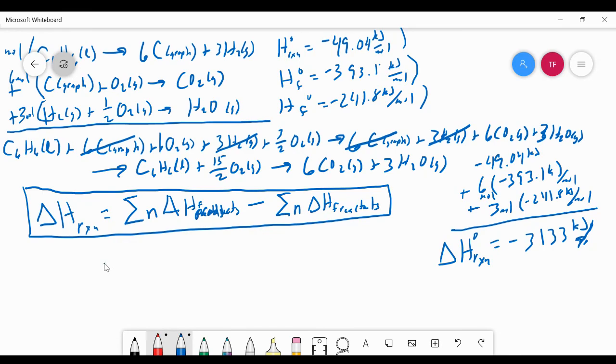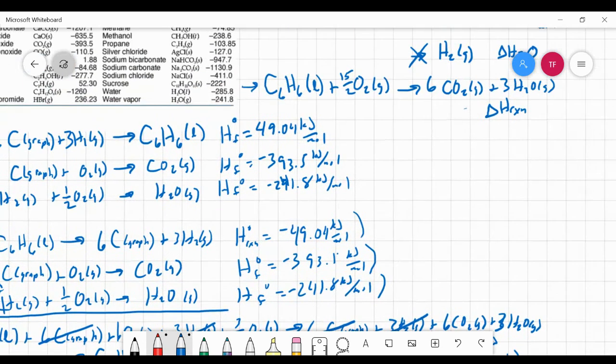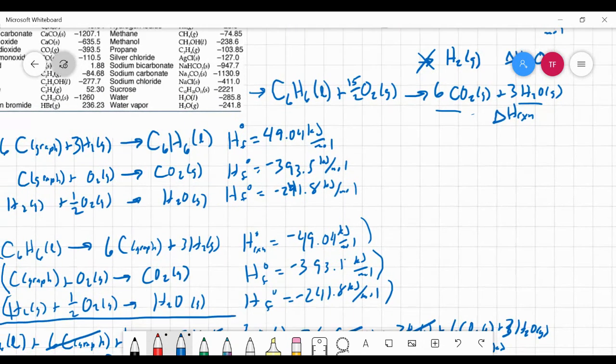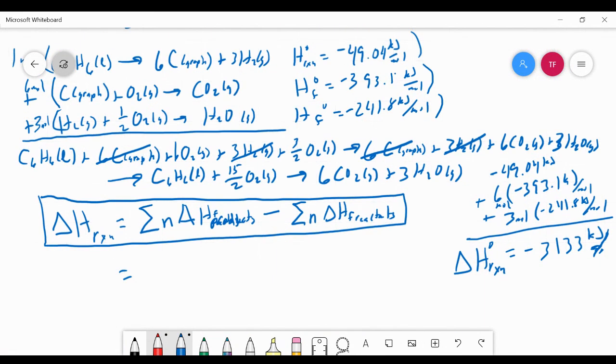So watch what we're going to do. The sum, that sign just means sum, so we're going to add together the products. We had two products in this problem. We had carbon dioxide and we had water. 6 carbon dioxides and 3 waters. So we are going to add up 6 moles of carbon dioxide's enthalpy of formation, which was negative 393.1 kilojoules per mole.